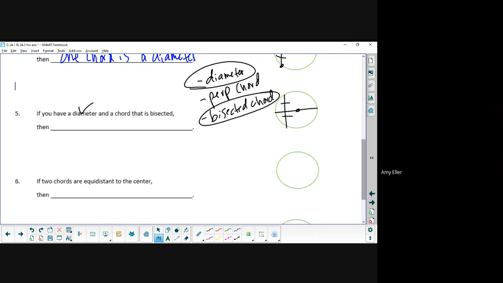Did you draw the diameter to go through the center? Did you draw a chord that's bisected, cut into 2? If you have those 2 things, then you know this third thing. Chords are perpendicular. And you draw, perpendicular.